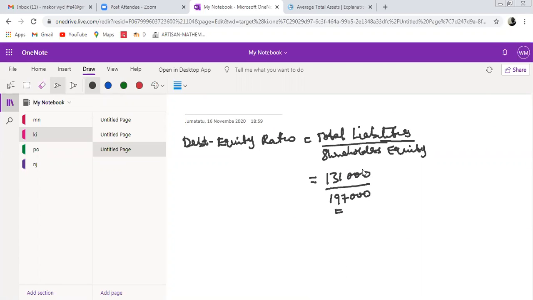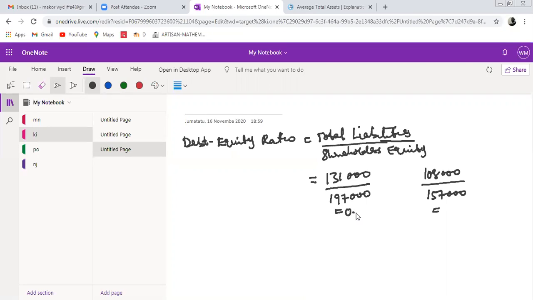This is for Sahara. It is going to be 0 point something. For Kalahari, we don't have a long-term loan, but we have the current liabilities amounting to 108,000 over the shareholders' fund, which is 157,000.